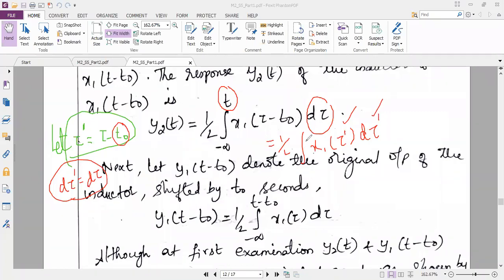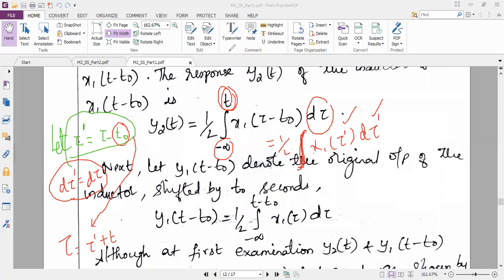Only the limits I have to find. To find the limits, I have to rearrange this equation in terms of tau, because here my limits are for tau.